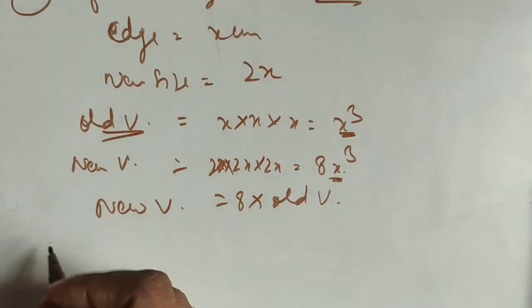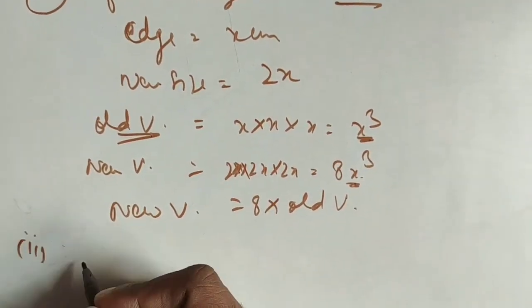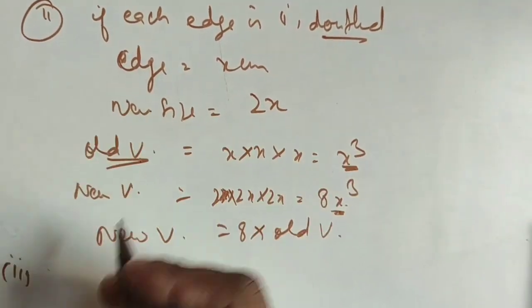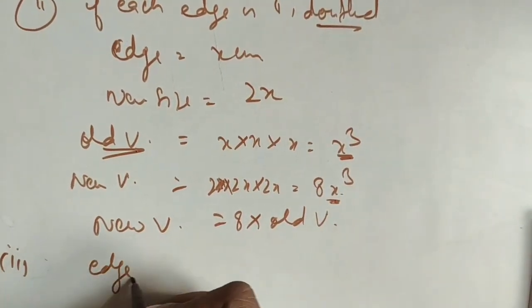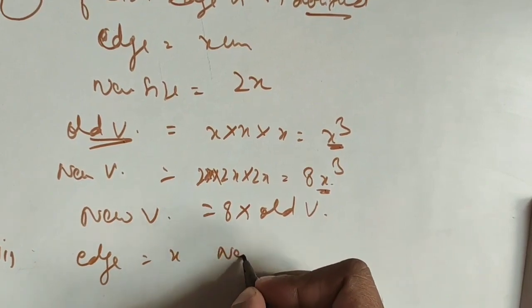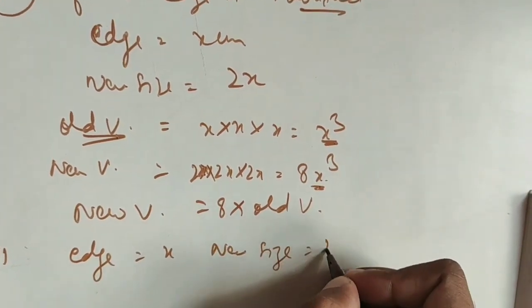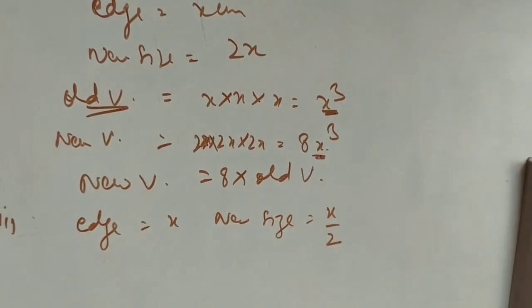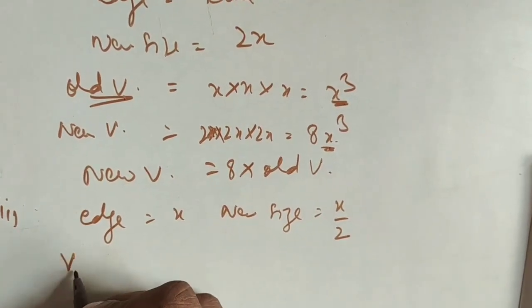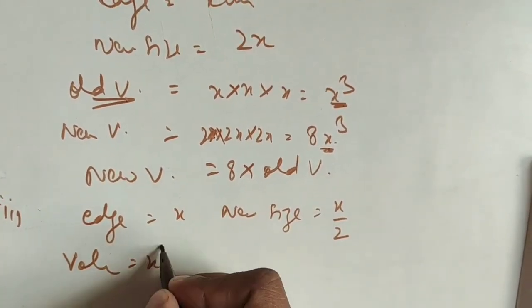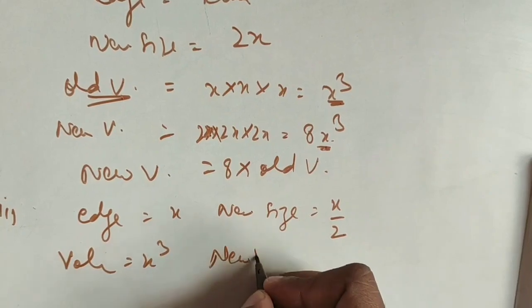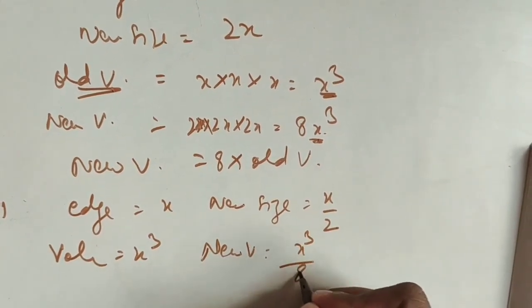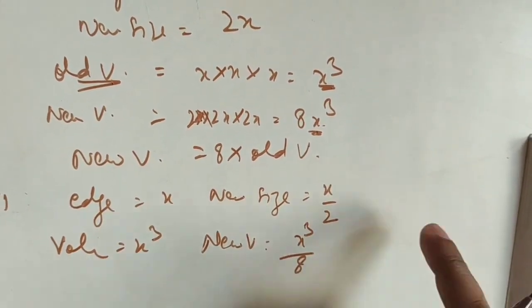Now in the second part, if each edge is halved, earlier the edge was x, now the new size is halved, so x by 2. So earlier volume was x cube and new volume will be x cube divided by 8 because x by 2 into x by 2 into x by 2.